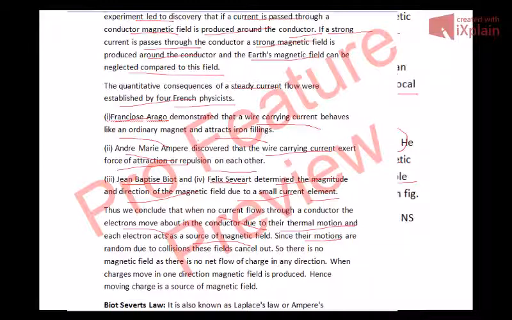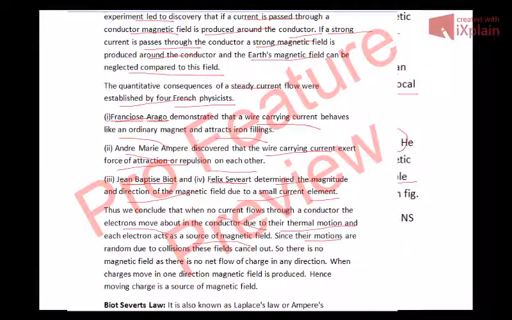They are in random motion, but they move in such a way that the magnetic field produced by each electron is cancelled by the magnetic field produced by another electron. So in the absence of current, the magnetic effect cancels out, as there is no net flow of charge in any direction.